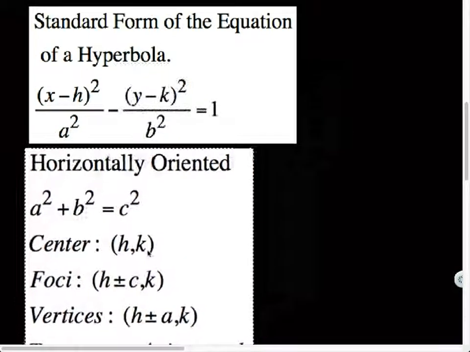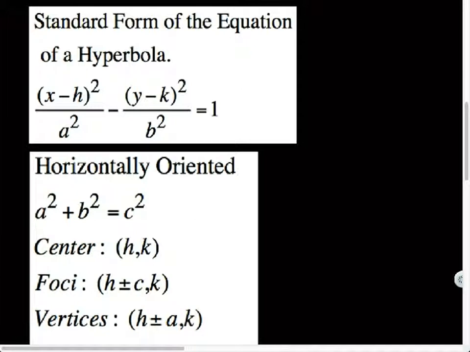So here's our equation. It's got the classic x minus h, y minus k, so you can assume, and you'd be correct in saying that h comma k is our center. It's also got those squared, it's got them in fractions, it's got a squared and b squared in the denominators, all sorts of good stuff going on. Very similar to our elliptical experiences there, right?